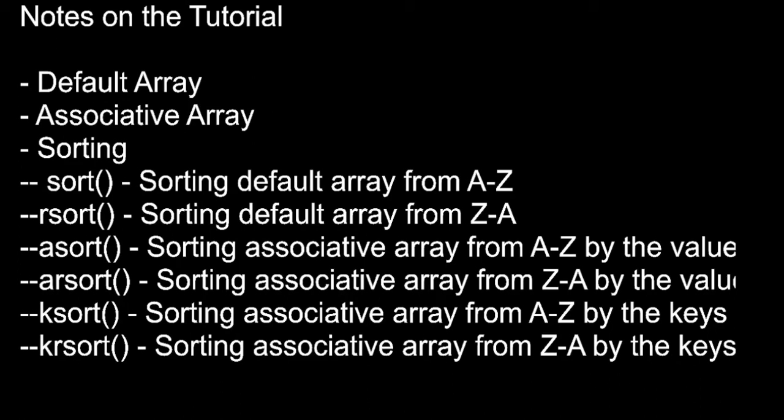That's an associative array. So instead of using the index position to refer to the item, you'll be using the key to refer to the items in the array. Those are the two types of array we have basically in PHP.